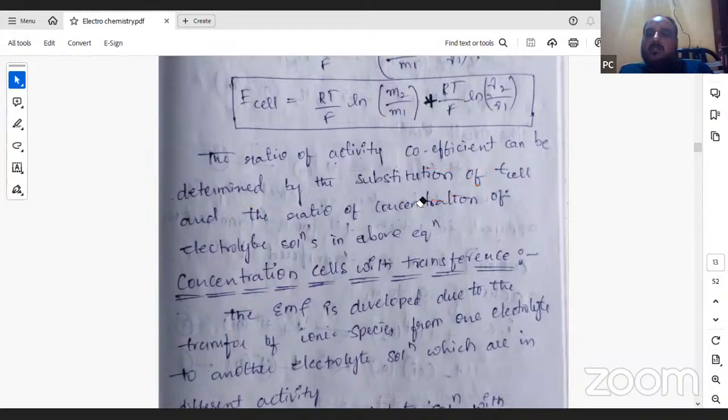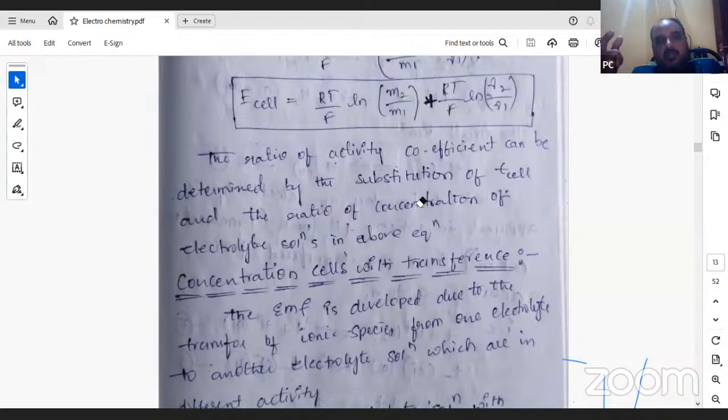So how to construct concentration cells without transference? Concentration cells without transference means two electrodes and one electrolyte, which must be selected with different activities A1 and A2. The electrolyte is HCl. The two electrodes are the hydrogen electrode and the chloride electrode, that is, silver chloride by silver.